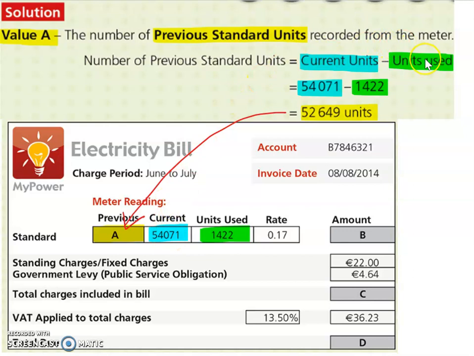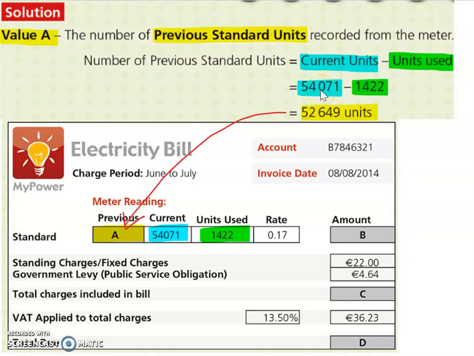And then the units used I've highlighted here in green is 1,422. So if we subtract 1,422 from 54,071, we will be left with A, which is the previous standard units.